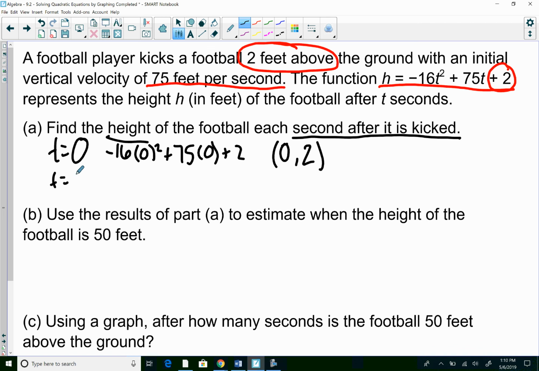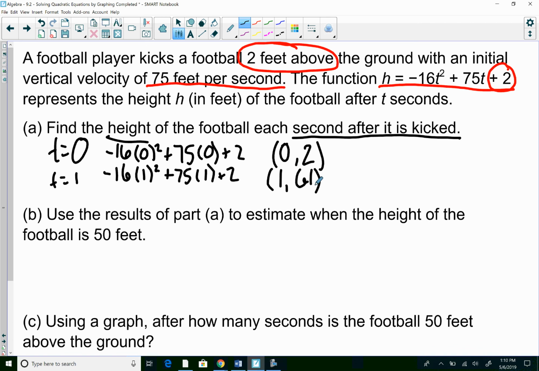Go ahead, take 1 and plug it in. So when you plug 1 in, you come up with negative 16 times 1 squared plus 75 times 1 plus 2.